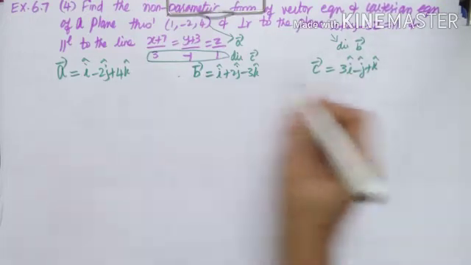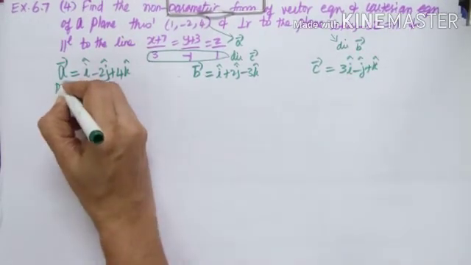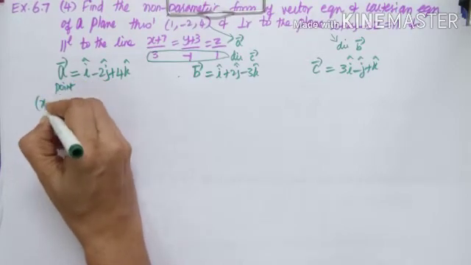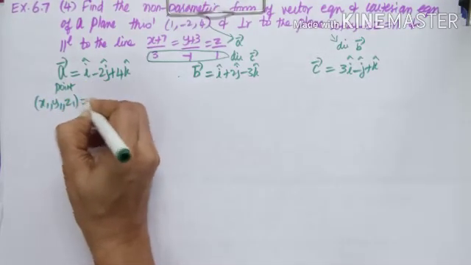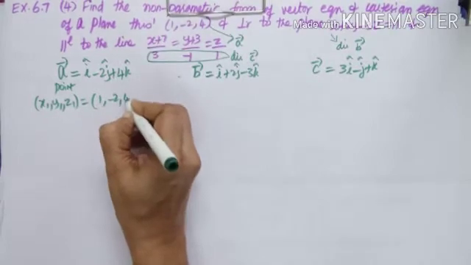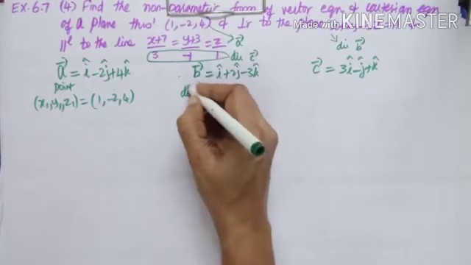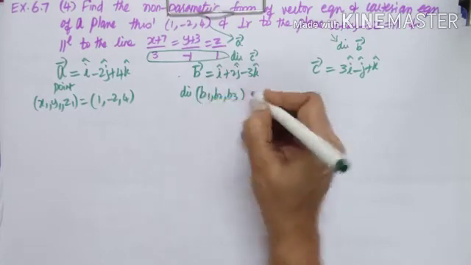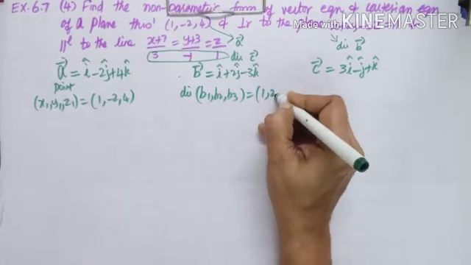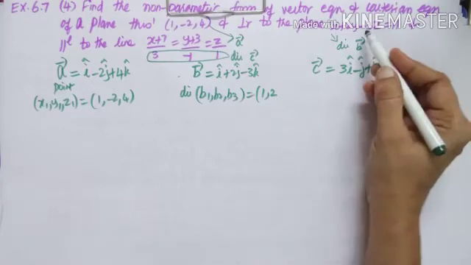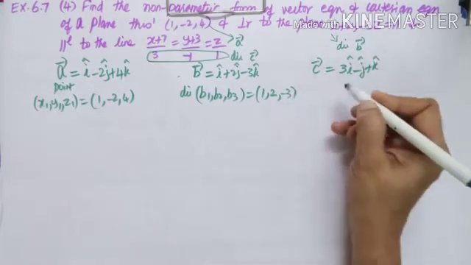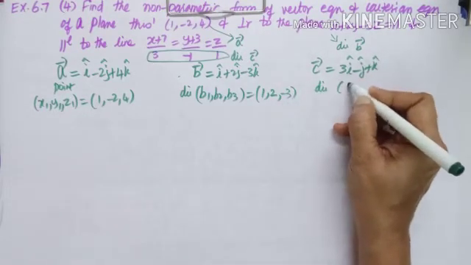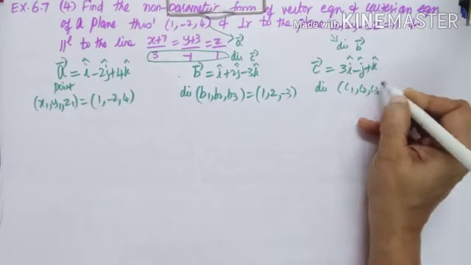Once I know the three things, this is a point, write x1, y1, z1. It is 1, minus 2, 4. This is a direction, write b1, b2, b3. It is 1, 2, minus 3. And this is also a direction, so call c1, c2, c3.